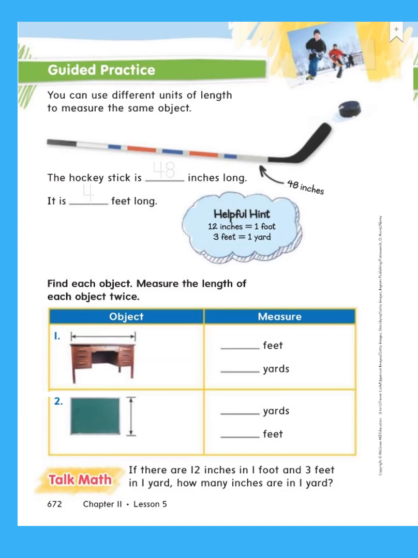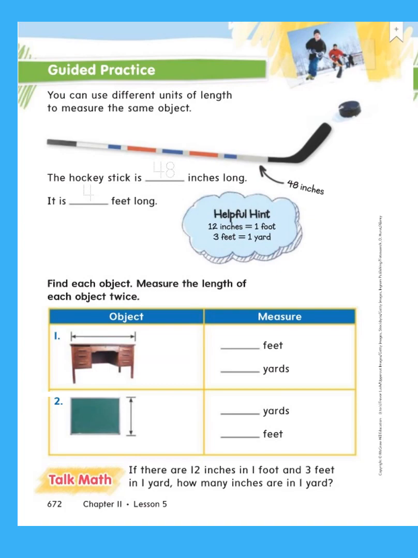And we can test it out by doing 12 plus 12 plus 12 plus 12. That's 4 12s. If you add all of those up, you'll get 48 inches. Now let's look at the objects here at the bottom. It says find each object, measure the length of each object twice.